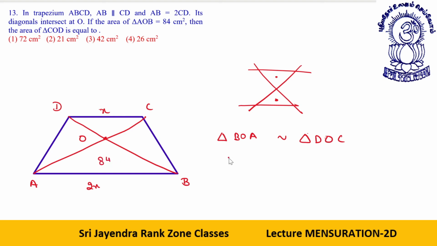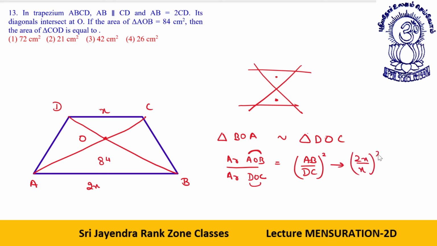Now, area of AOB upon area of DOC will be equal to what? If I take AB here, I will have to take DC. AB by DC squared. AB is how much? 2x. DC is how much?